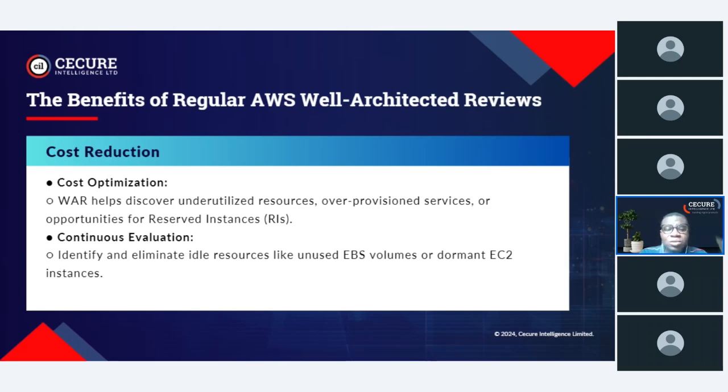But if you don't carry out regular AWS Well-Architected review, you won't be able to identify all these services that are idle or unused. So when you carry out regular review, you're able to identify services, eliminate them, and reduce costs. Those are the benefits of carrying out regular AWS Well-Architected review.